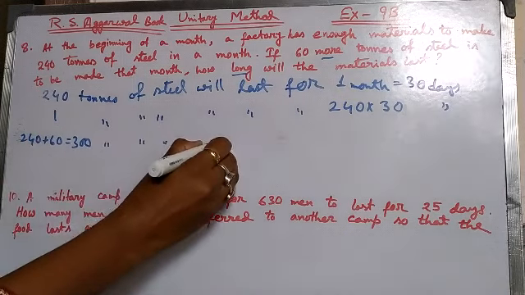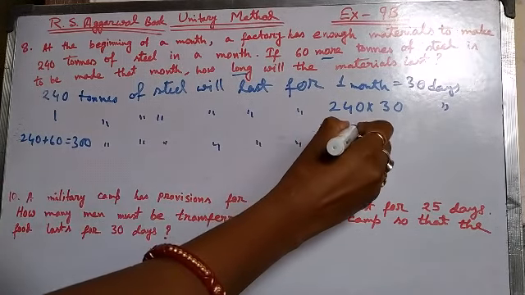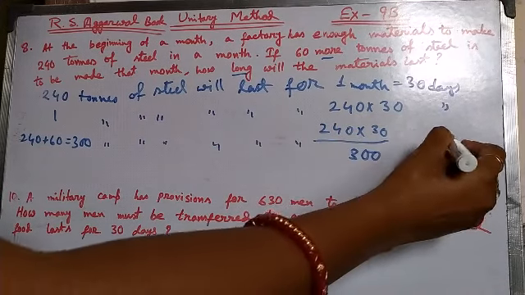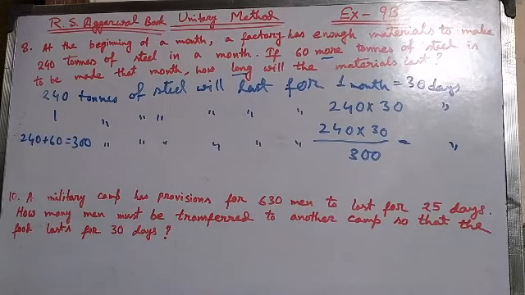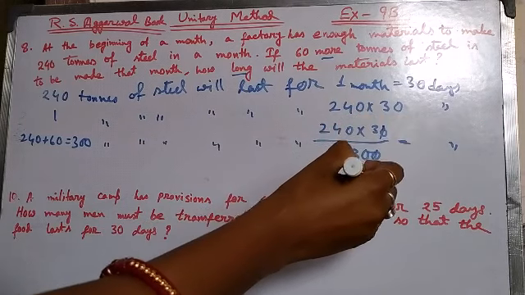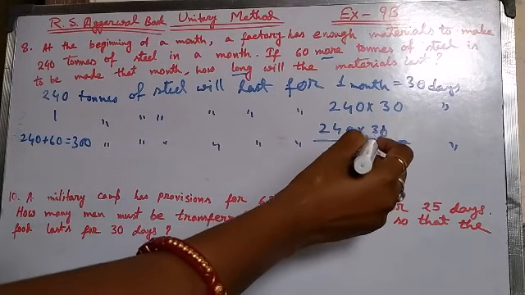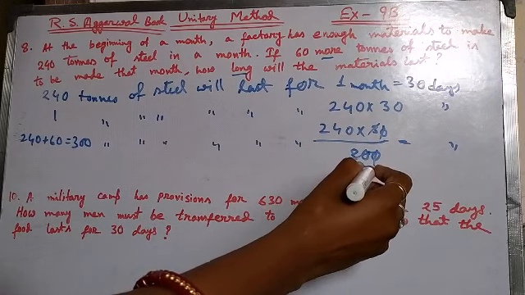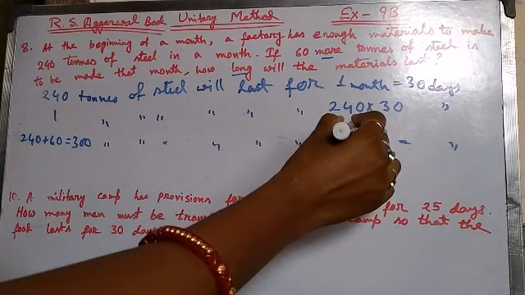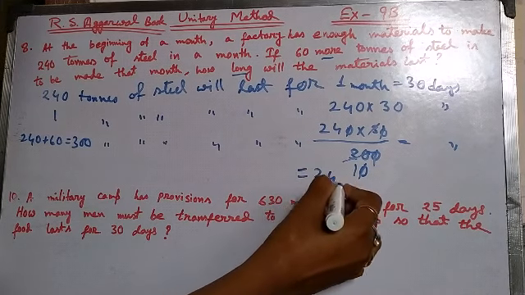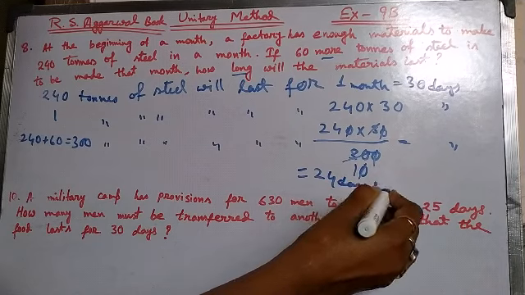300 tons of steel will last for 240 into 30 divided by 300 days.